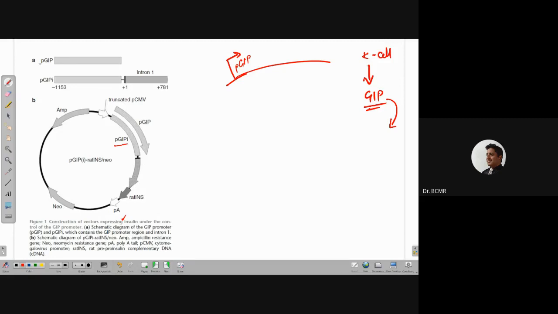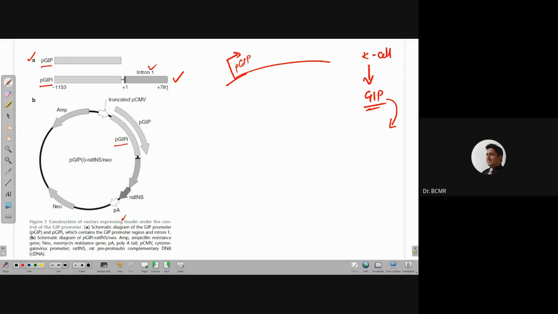And there are two things they have tried. One is just having the promoter alone of GIP, and in another case, they have tried GIP along with the first intron. Somehow in their results, they found that the second case, where intron 1 was included, had better production of the insulin gene.